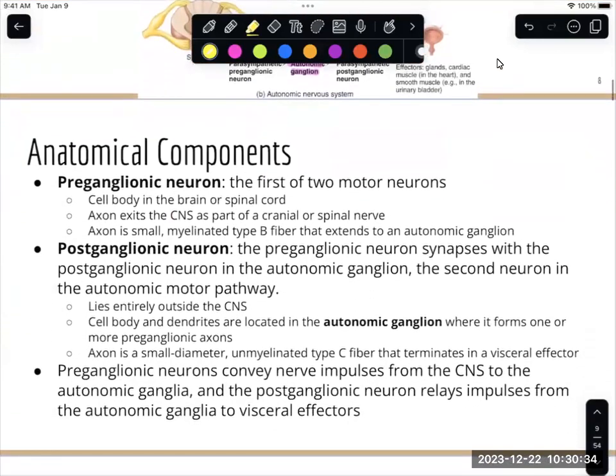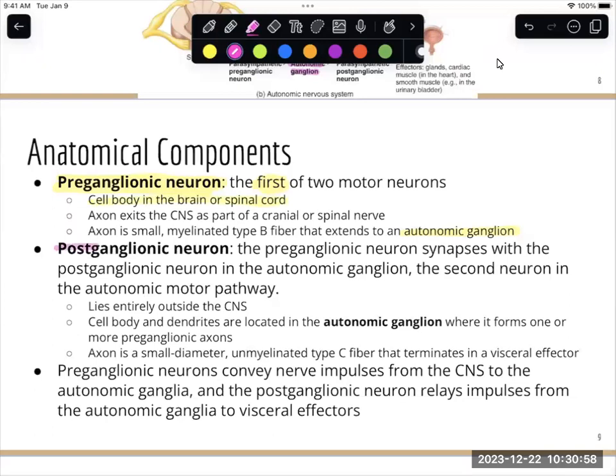So we have that two neuron series I mentioned. We have the preganglionic neuron. So this is the first. It is going to go and synapse in an autonomic ganglion. Their cell bodies are in the brain or the spinal cord.